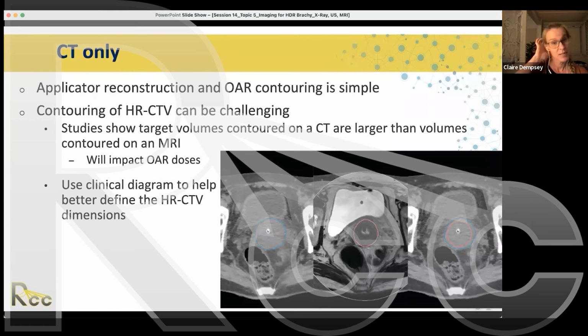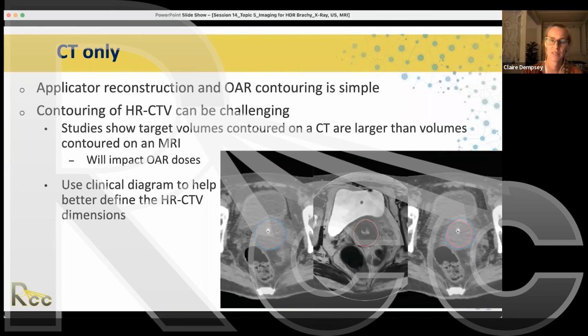If we were doing CT only based treatment planning, applicator reconstruction and organ at risk contouring is simple. It's very easy to see the applicator in a CT. It's very easy to see the bladder, rectum, sigmoid, small bowel, all of that in a CT. The challenge in CT only based treatment planning is contouring the target volume, so your high risk clinical target volume.